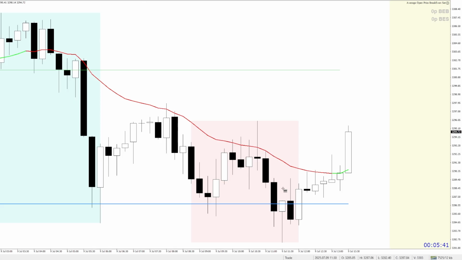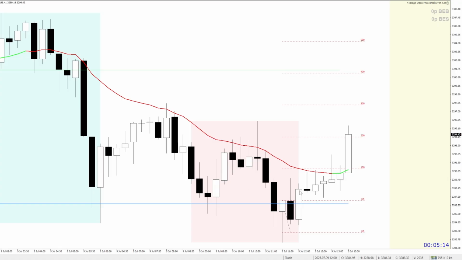So if we were to get in, I did take this trade at a 35-point stop. So I got in at this level here, 35-point stop, and I just left it.